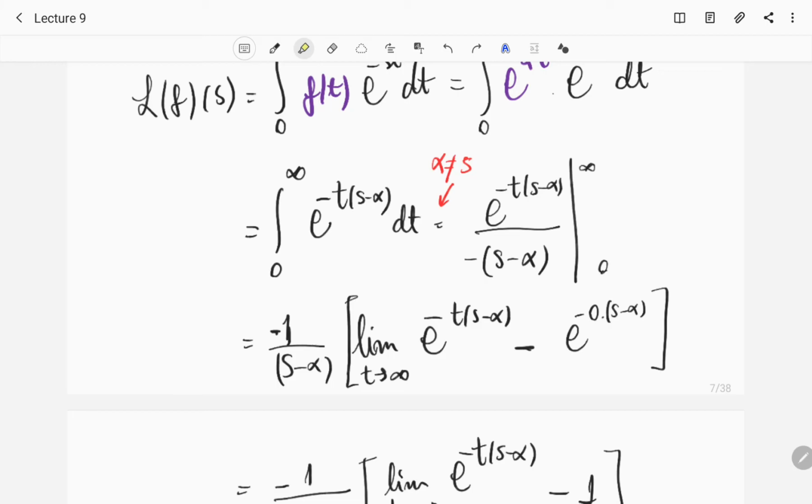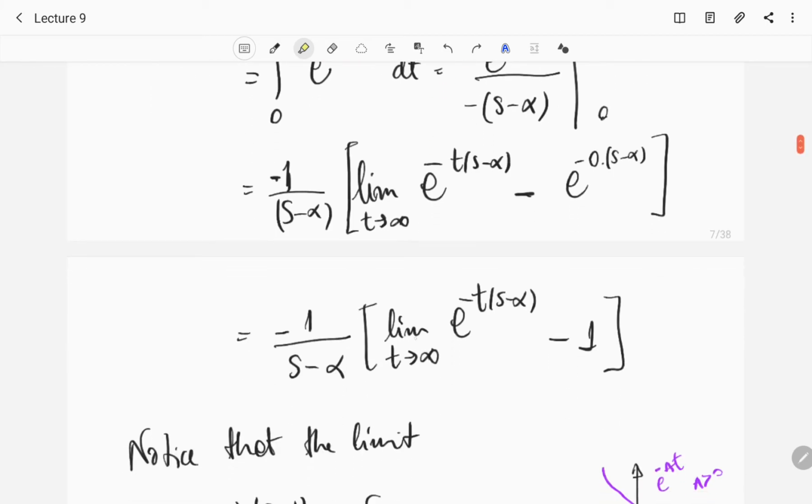And then we have to compute this limit, and this is exactly 1. Now, the value of this final number that we got here, or function that we got here, depends on this limit. And now is where this alpha will affect our answer.